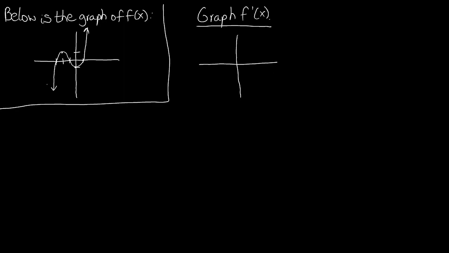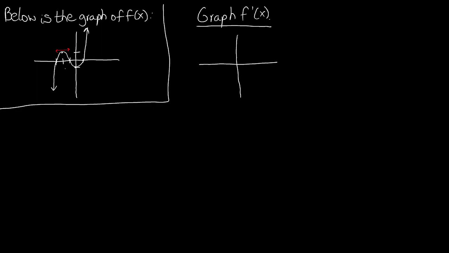As we start at the leftmost part of our graph and move towards x equals -2, which is an interesting value because we have a horizontal tangent there, we know that our derivative is 0 and that it relates to a max or min of our original function.